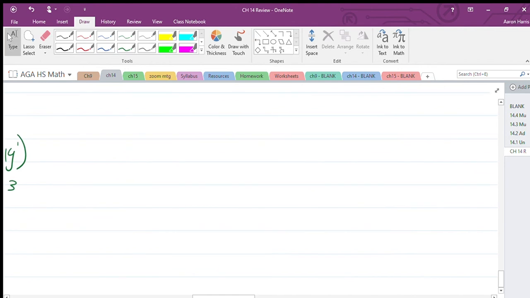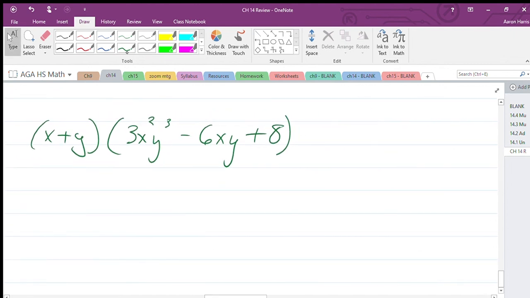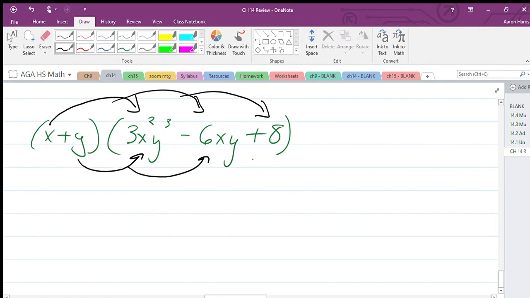Now, what if it's not just a binomial? Let's say I have x plus y, and I want to multiply it by 3x squared y cubed minus 6xy plus 8. I can do that. I can multiply it all the way out. First term times each of the terms in the second. Second term times each term in the second.